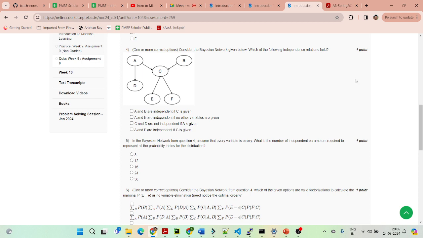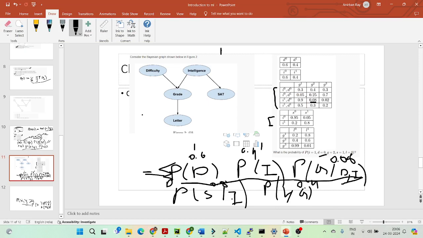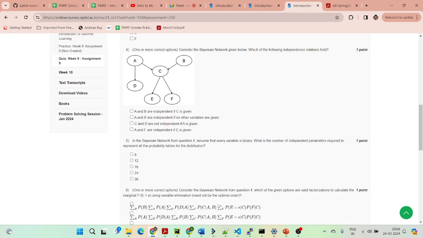Suppose for F we need C, or A, C and B. So three parameters. For E also the same three, but you can understand that C is not independent from A and B.